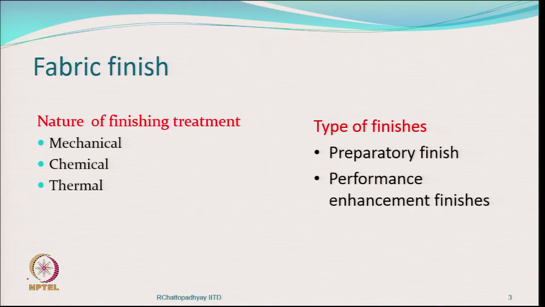The type of finish could be preparatory in nature, called preparatory finish, or there could be performance enhancement finishes. Preparatory finishes are sometimes important from the point of view of improvement of, suppose, the dryability of a fabric. In that case, we go for scouring and bleaching treatments.